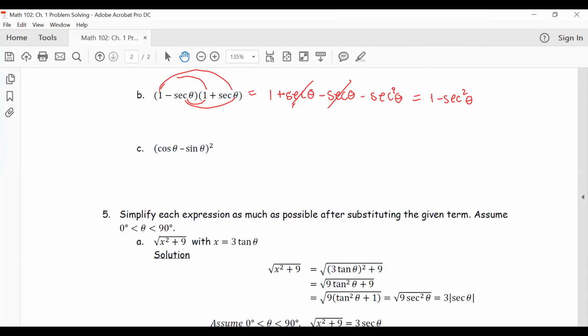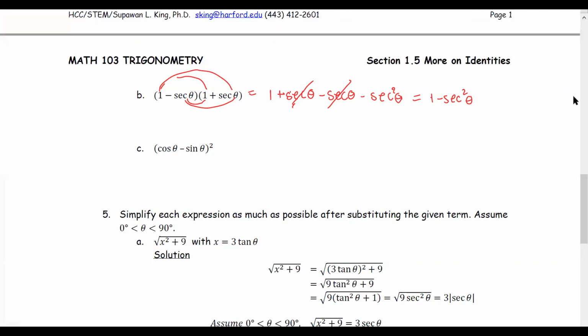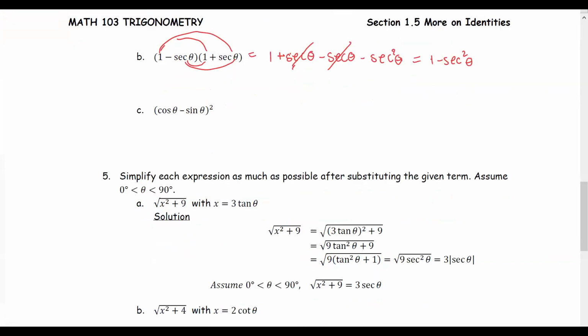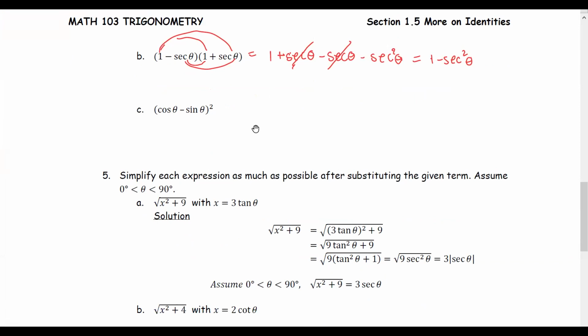The next one, the quantity cosine theta minus sine theta, power 2. Recall the power 2 means multiply by itself twice.